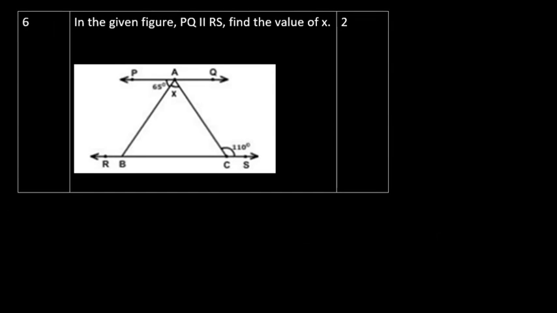Now the next question, in the given figure, PQ is parallel to RS. We have to find the value x. So here in solution, PQ is parallel to RS. Now when PQ is parallel to RS, angle PAC, see this angle PAC, this angle will be equal to angle ACS.